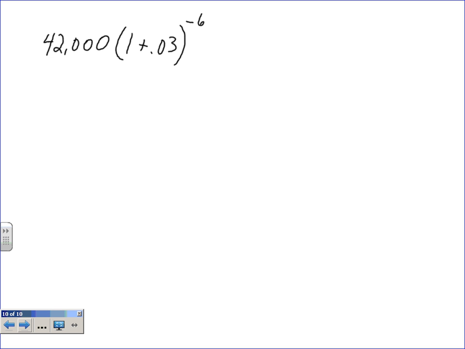So if I put that in a calculator, 42,000 times 1 plus 0.03, which is my multiplier, raised to the -6 power. So maybe 6 years ago, that car could have been sold for $35,000. That's a good increase of 3%. I don't know if that's true or not. All right?